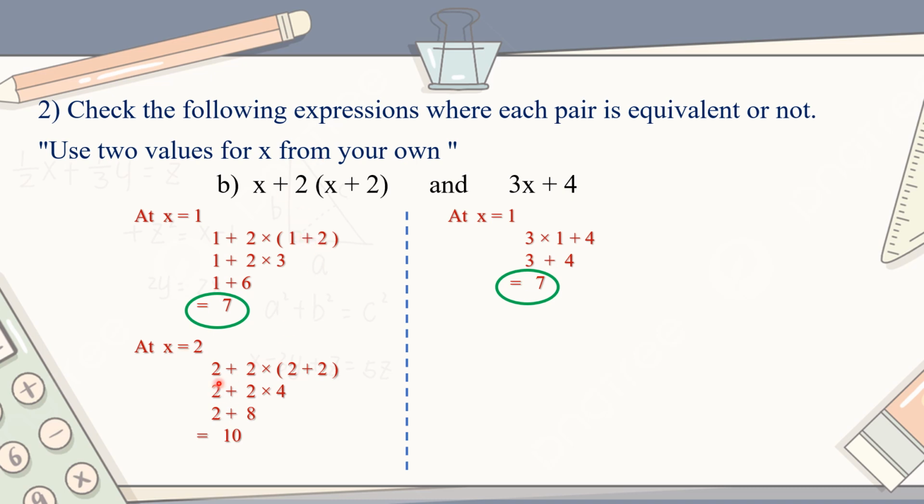Then we substitute 2 in the first expression. We get 2 plus 2 times (2 plus 2). We get the value of the parentheses first, so we get 2 plus 2 times 4. Multiplying 2 and 4, we get 8. 2 plus 8 equals 10. If we substitute 2 in the second expression, 3x plus 4, we get 3 times 2 plus 4. 3 times 2 equals 6, plus 4 equals 10.